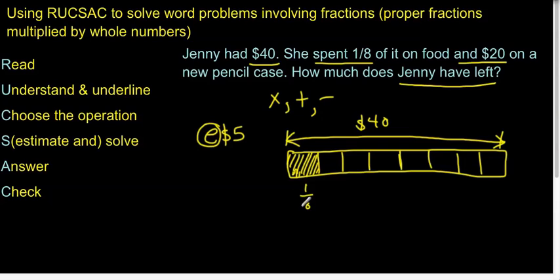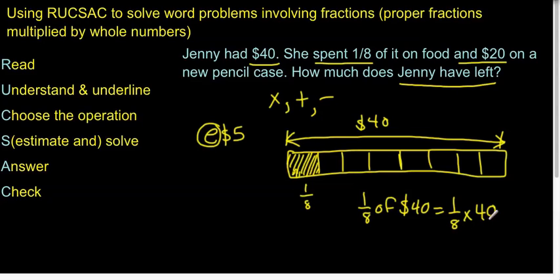Now we need to calculate the amount of money spent on her food. So we're looking at 1/8 of $40, which, as you should remember from the previous videos, is the same thing as saying 1/8 multiplied by 40.